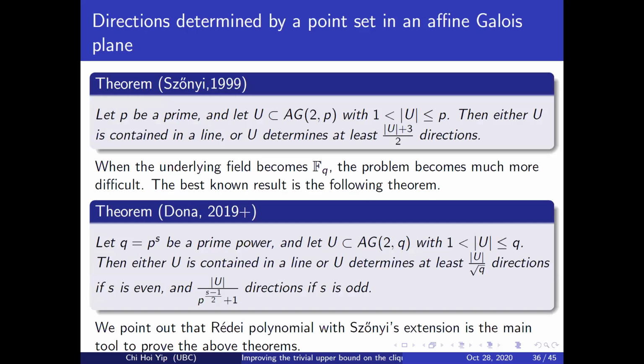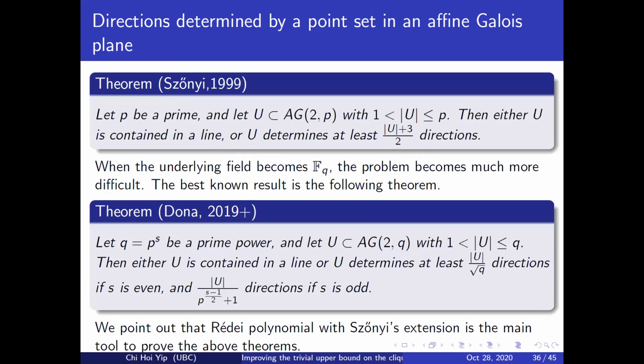Okay, so the possible values of the size of D has been studied by many authors, and this is a famous result by Szőnyi in 1999. So basically he showed that if we consider a point set in this affine Galois plane AG2P with size at most P, then either U is contained in a line or U determines at least about U over 2 directions.